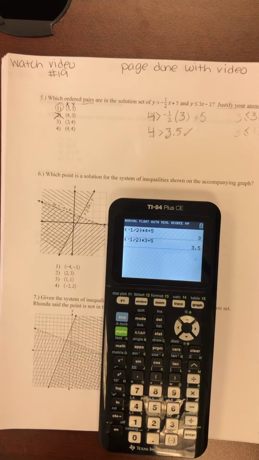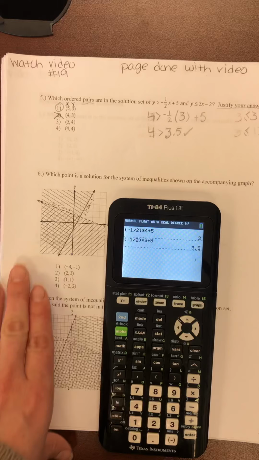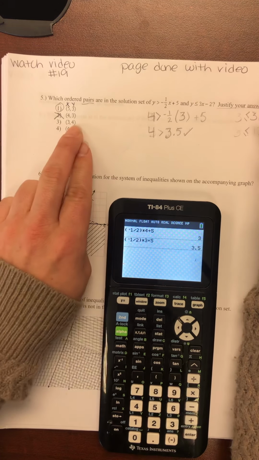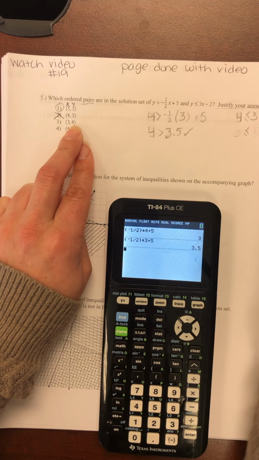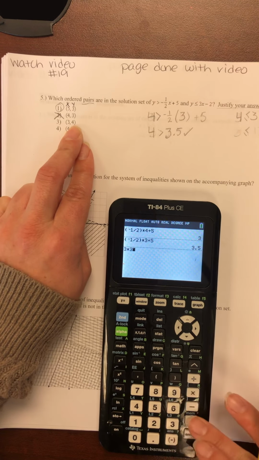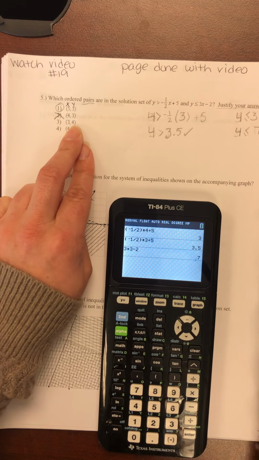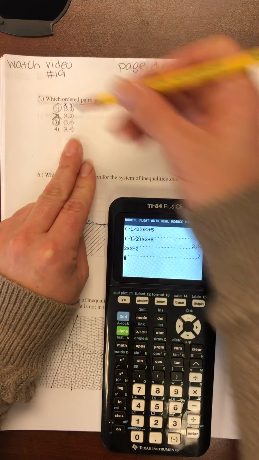Yes, it is. So this one could work, but now I need to try it in my other inequality. Where x is, I'm plugging in 3, and where y was, I'm plugging in a 4. So now I have 3 times 3 minus 2, which gives me 7. Is 4 less than or equal to 7? Yes, it is. It's less than. So this point also works.